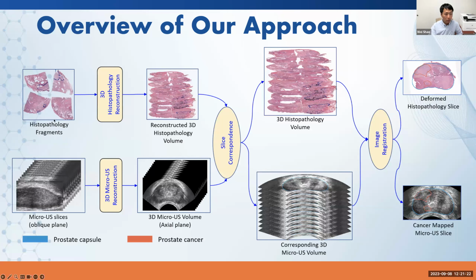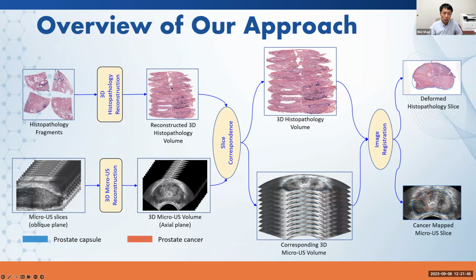Apparently, the histopathology images are from the axial plane, but the micro-ultrasound images are from a different plane. So to align those two types of data sets is quite challenging. What you do first, you need to reconstruct those micro-ultrasound images into a 3D volume so that you can have high resolution axial micro-ultrasound images before you do alignment with the histopathology.